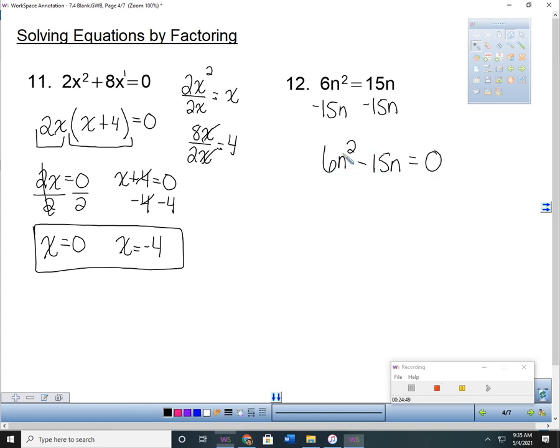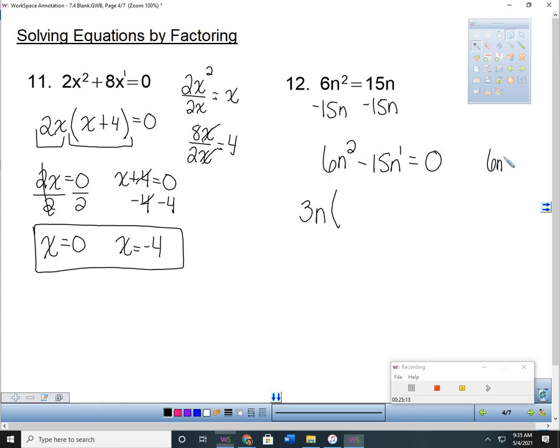So now I notice, okay, I have a 6 and a 15. So the greatest common factor there would be 3, and then n squared and n to the first, so I'll factor out an n. Now I'm just going to divide that 3n out of both of these terms.